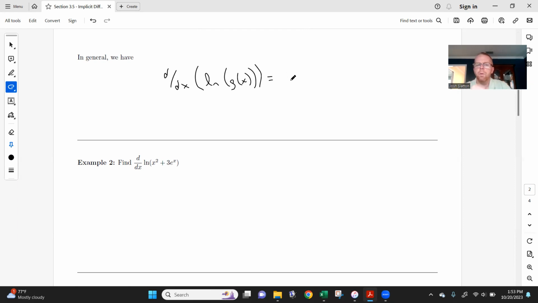So we would say 1 over g of x for the derivative of the ln part, and then we've got to take the derivative of g of x, which would be g prime. So in general, you can see this from the last example, we have g prime of x on top, and we have g of x on bottom.